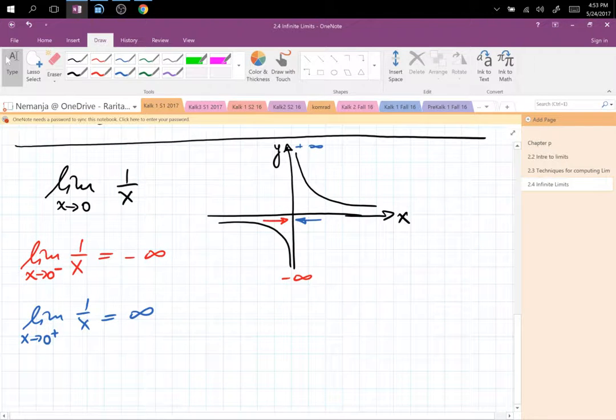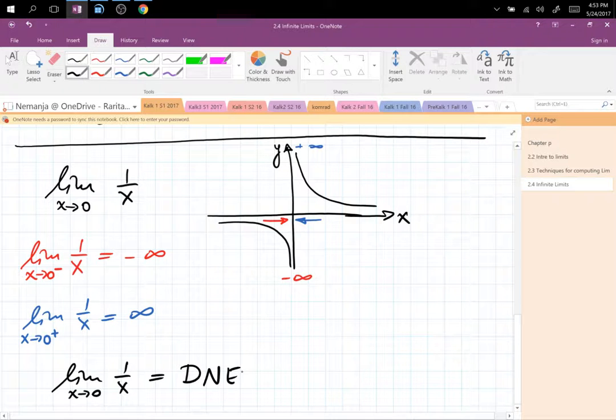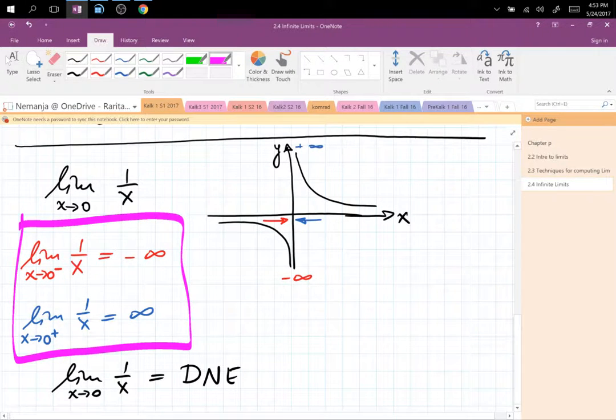So what's the total limit? The overall limit, limit 1 over x as x goes to 0 from both sides, does not exist. Why? They're different. They don't match. So the theorem from last class said if these two have the same values, the overall limit is that value. If they have different values, then the overall limit does not exist.